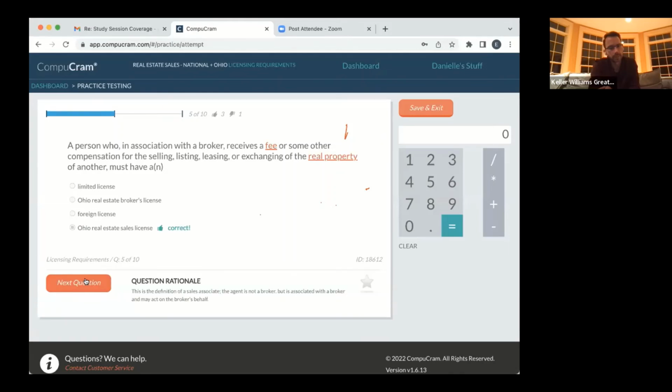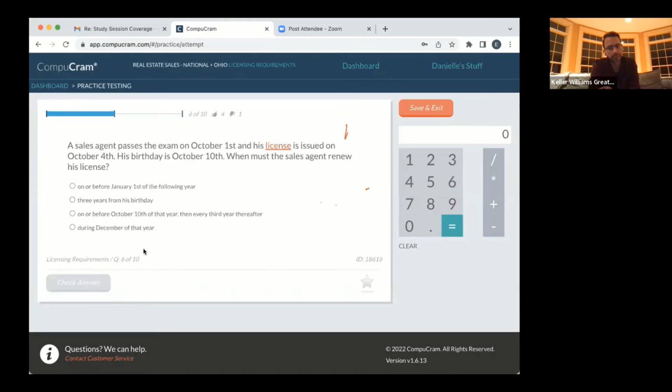D is correct. This is a definition of a sales associate. The agent is not a broker, but is associated with a broker, and may act on the broker's behalf. That's why it is not B for any of us that answered that.